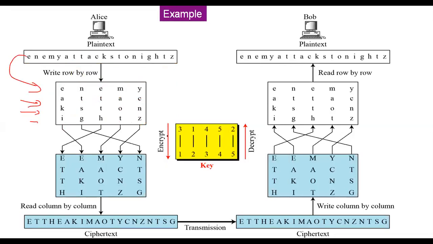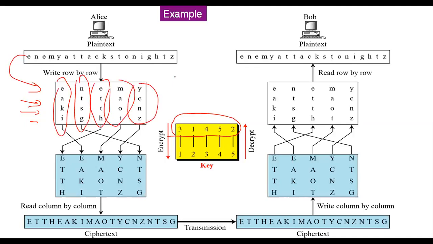Then using this key, I have reordered the columns. That means, what is the first column? This is the first column. This is the second column. This is the third column, fourth column, fifth column. So I have the 5 columns.